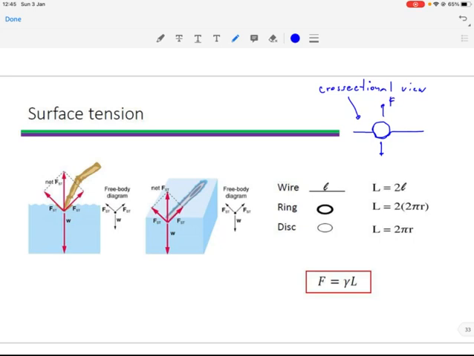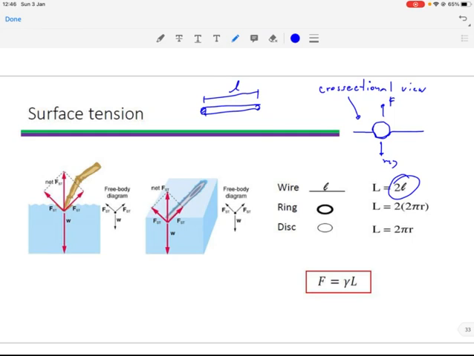Like that is the surface tension force, as I mentioned, and this is mg. For the case of a wire with a length L, so let's say this is a wire with the length L, right? The contact length, okay, so this contact length is 2. Sorry, should be the same L here.